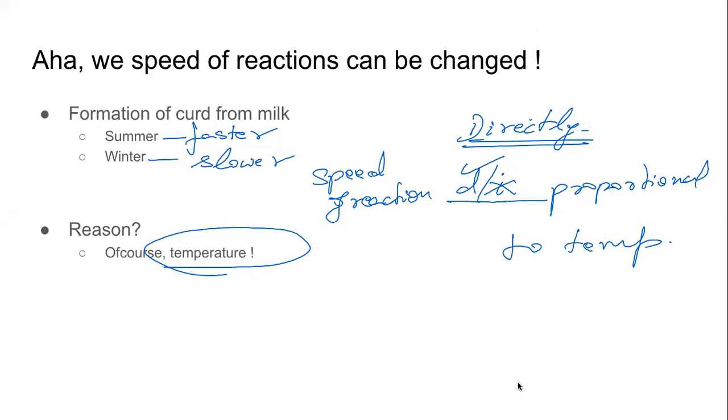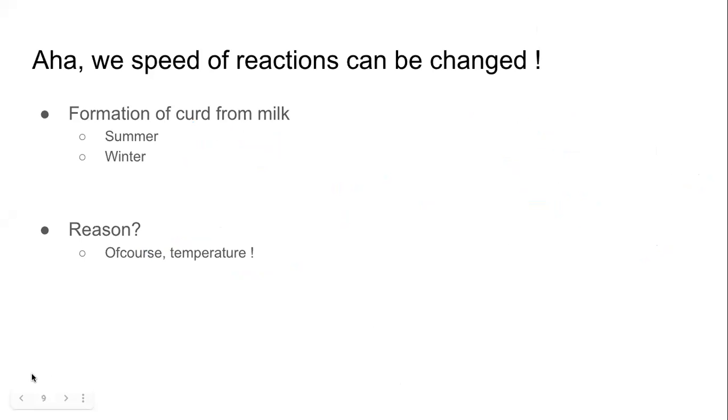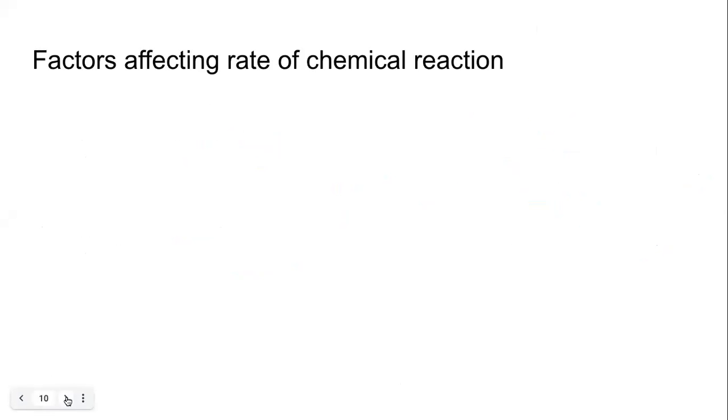Now let us see what factors affect the speed of the reaction. The factors affecting the rate of chemical reaction. What we are going to do now is, you are looking at page numbers 40 and 41, and you are listing all the factors that affect the rate of the chemical reaction.